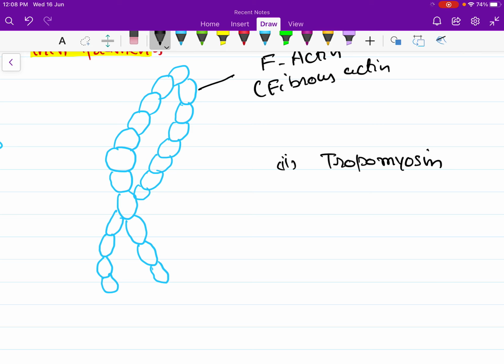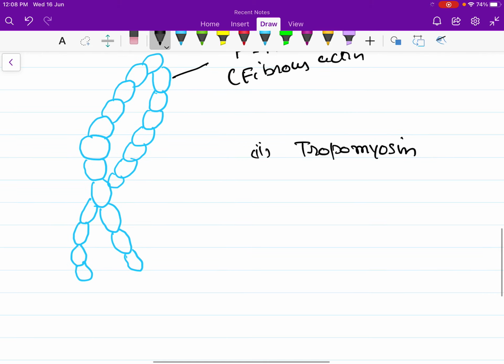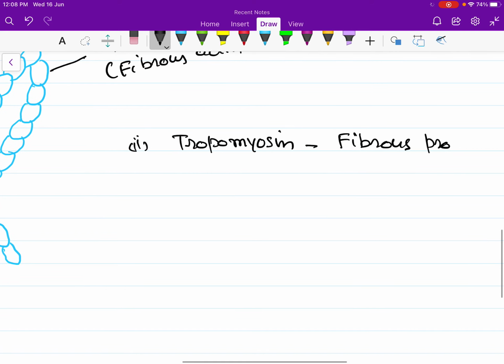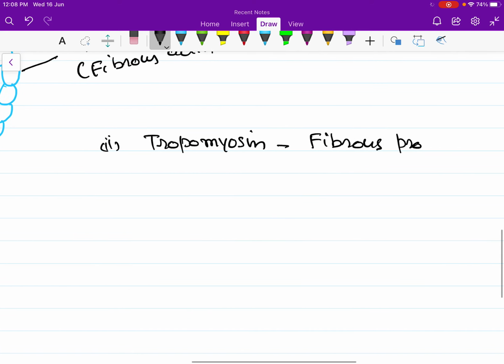Now this tropomyosin is a fibrous protein. It is fiber-like, and its job is to cover the actin sites during the relaxed state.